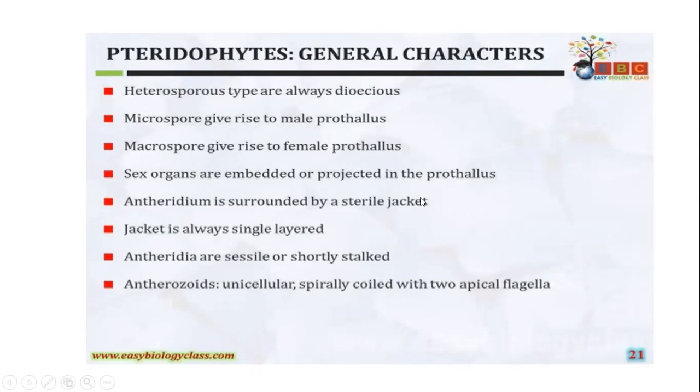And when we talk about the sexual organs developed on this prothallus, they can be embedded inside the gametophytic tissue or projected out of the prothallus.